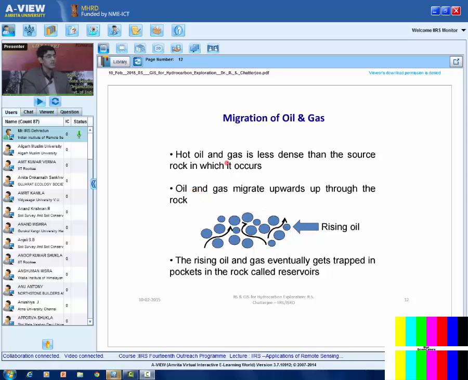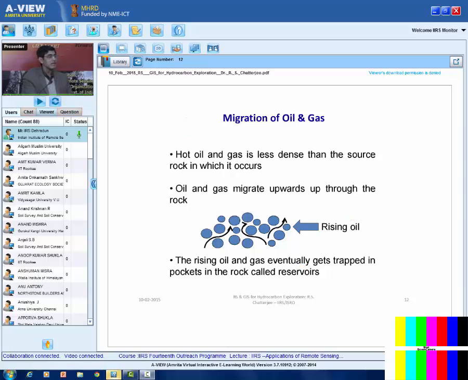And because they are very less dense, they migrate upward through the porosity and permeability of the rocks, and finally they go up and up. Then they take a place where a lot of open space is available, where they can accumulate. So these are known as the reservoirs.